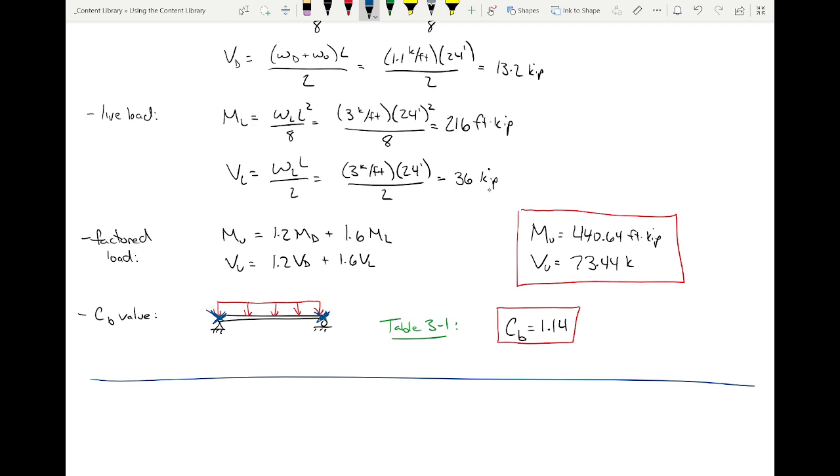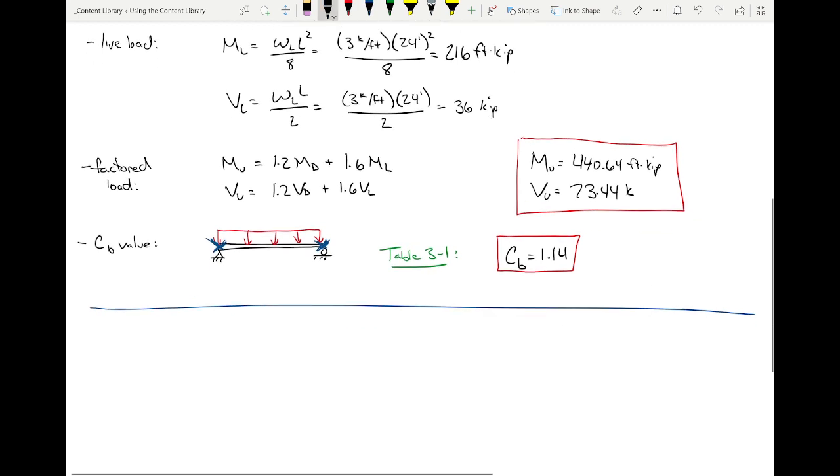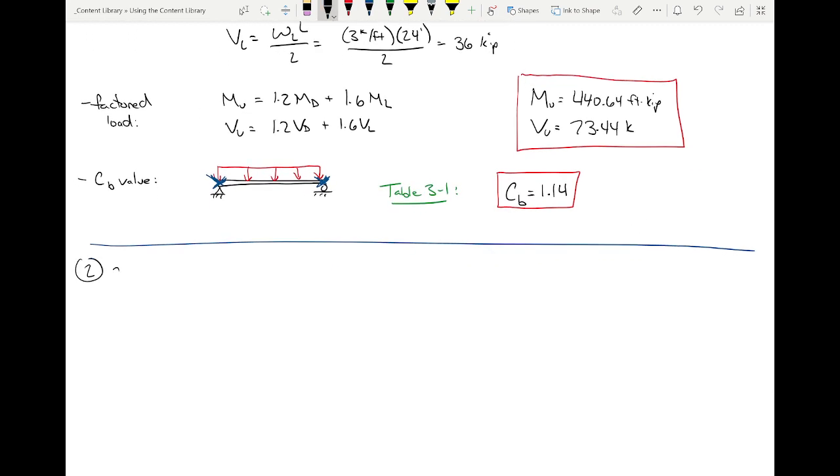Now, before we start picking shapes, we need to compute the required IX. So let's compute our required IX. Now, how do we do that? Okay, we are given a live load deflection limit of L over what?